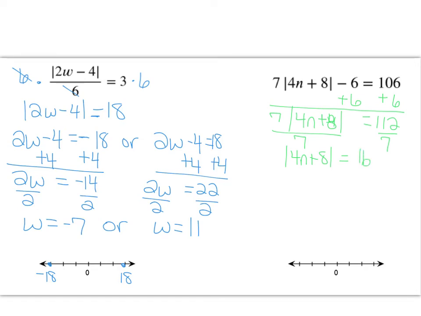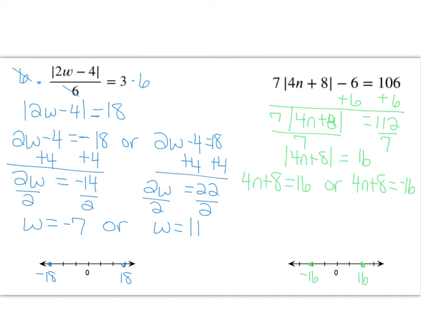Now that the absolute value is isolated, we are ready to split it up. What two numbers have an absolute value of 16? Negative 16 has an absolute value of 16, and positive 16 has an absolute value of 16. So our two equations are 4n plus 8 equals 16, or 4n plus 8 equals negative 16.